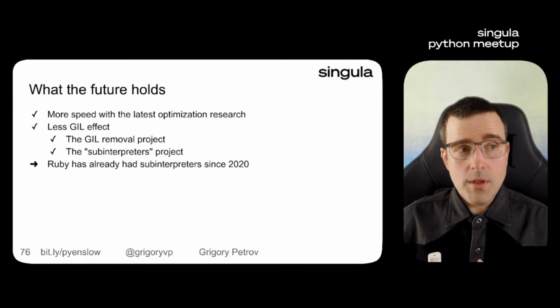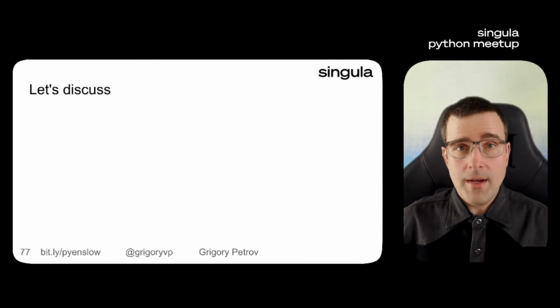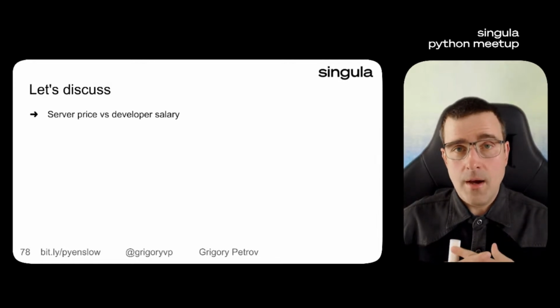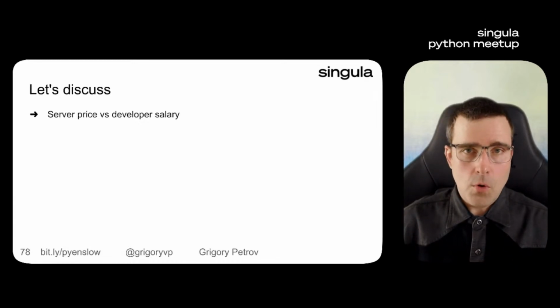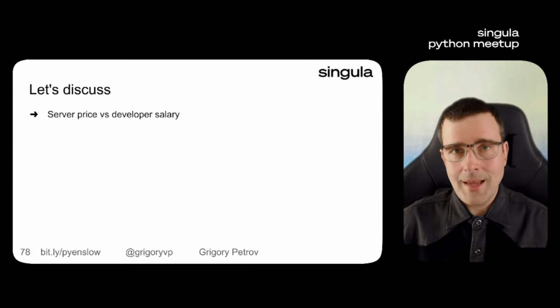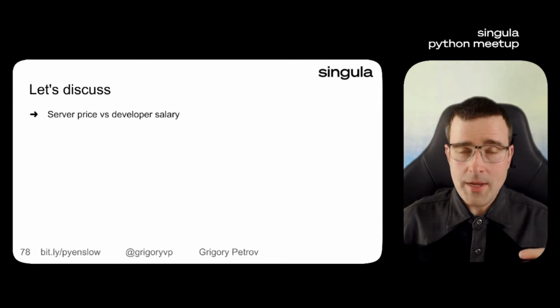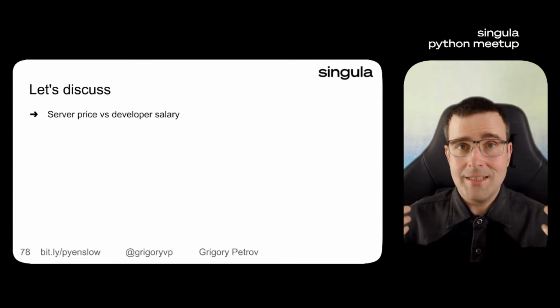And now what I want to discuss after this talk. First of all, is it even viable to create such languages with rich semantics that are slow? Maybe we need to focus on languages that are not so rich, not so easy to use, but extremely fast.